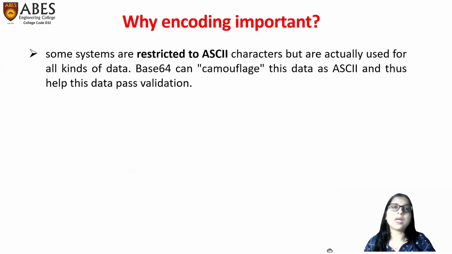Some systems are restricted to ASCII characters but are actually used for all kinds of data. These are some of the reasons why encoding is important. While you are programming and the data is transferred from one system to another, the format of the data might not be compatible.